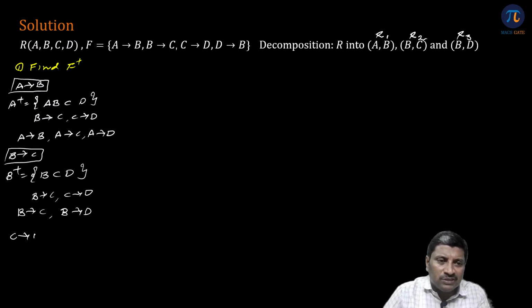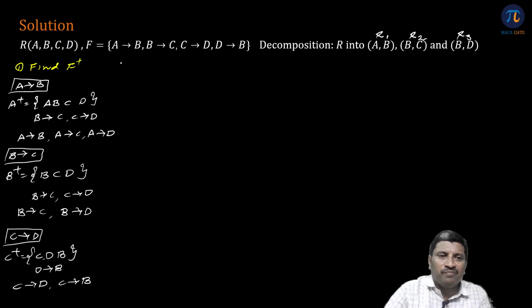That is C goes to D. C closure: C, D. Then with the D you can get B. So you can write C implies D, C implies B.